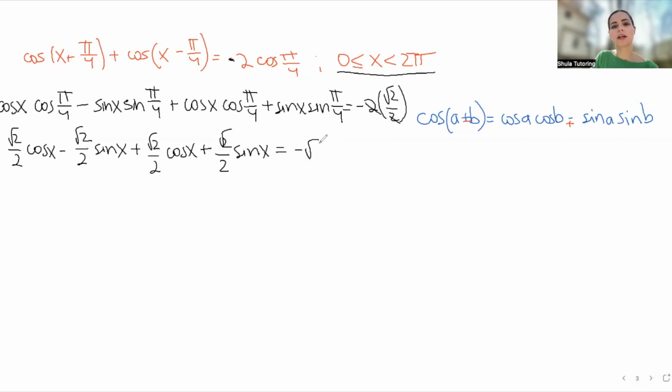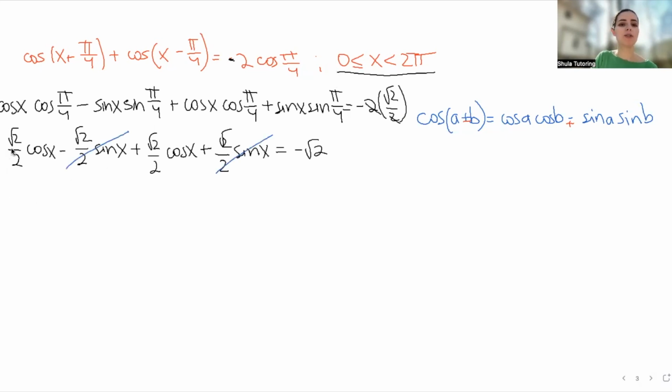So we are left with negative square root of 2. Let's simplify. We have negative square root of 2 over 2 times sine x, and here we have a positive square root of 2 over 2 times sine x. So they add up to 0.